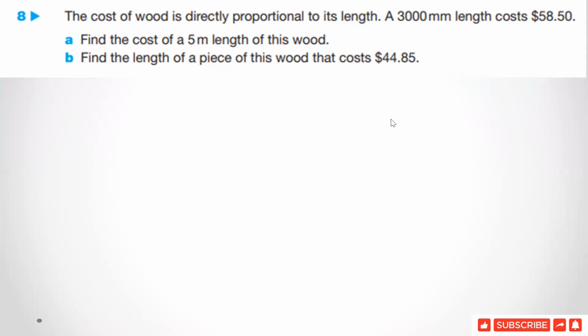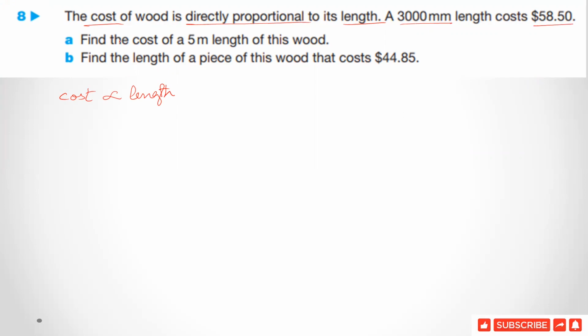Okay, the question number 8, which is last but not the least of this exercise, that we take it now. The cost of a wood is directly proportional to its length. So we can write cost directly proportional to the length. So here they have asked a 3000 millimeter length costs $58.5.